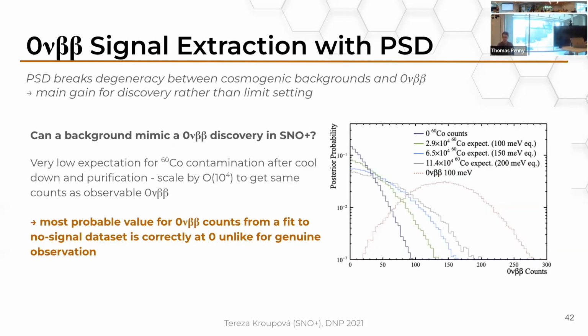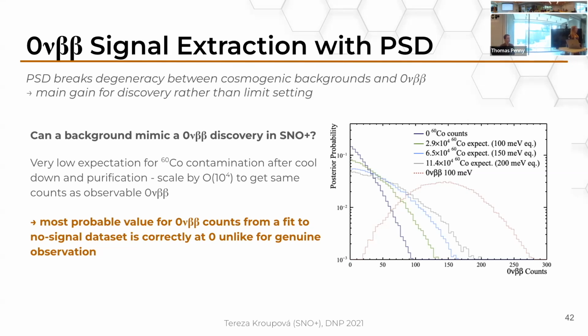Importantly, it also answers the question: if you saw a signal, how could you ever trust it? In this case, we inject our sample with some crazy contamination of cobalt-60. We've confirmed that cobalt-60 is our most correlated background, and we've put it into our simulation data set. The important thing is that this is blown out of proportion compared to what we expect the actual contamination of cobalt-60 to be, but it's blown up to be proportional to high effective Majorana masses.